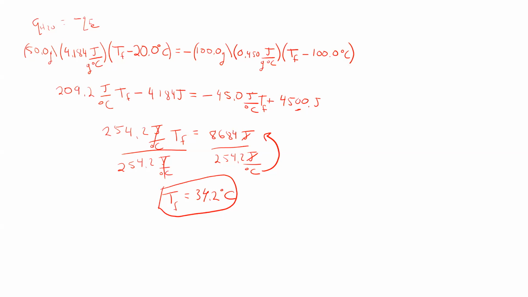And so you could say, well, what is the heat capacity of a substance? Or if you have a chemical reaction that occurs, based on the heat that's absorbed by the water, how much energy is given off by the chemical reaction? And then you can divide that by the moles of chemicals that are reacting to figure out the energy change of that chemical reaction. Right? So that's just a quick calculation for how you would approach a calorimetry experiment.